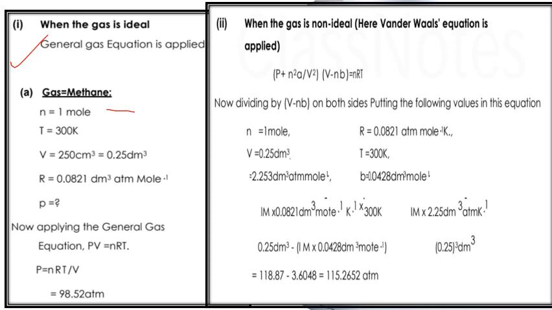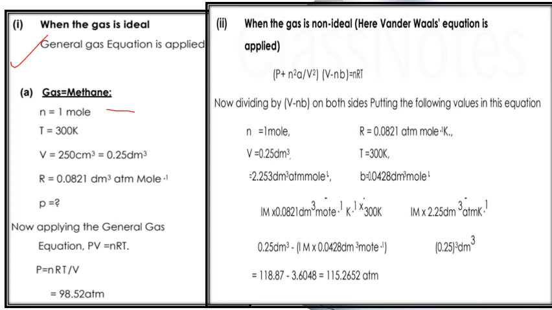Now dm cube atmosphere per mole. Apply this on the equation PV is equal to nRT. Put in the values, you will get your answer, that is 98.52 atmosphere.